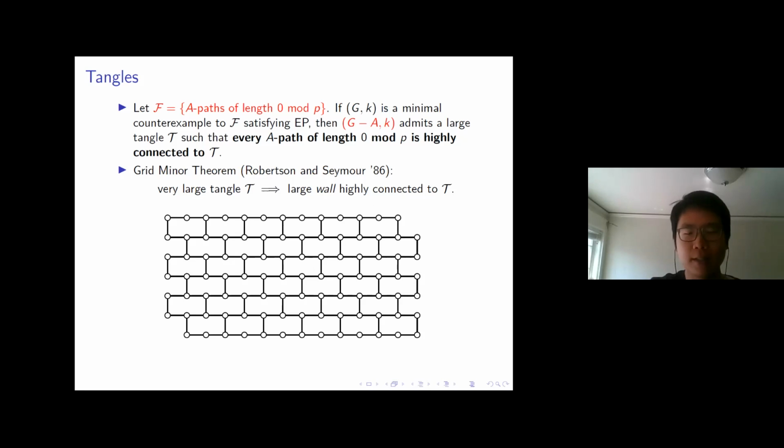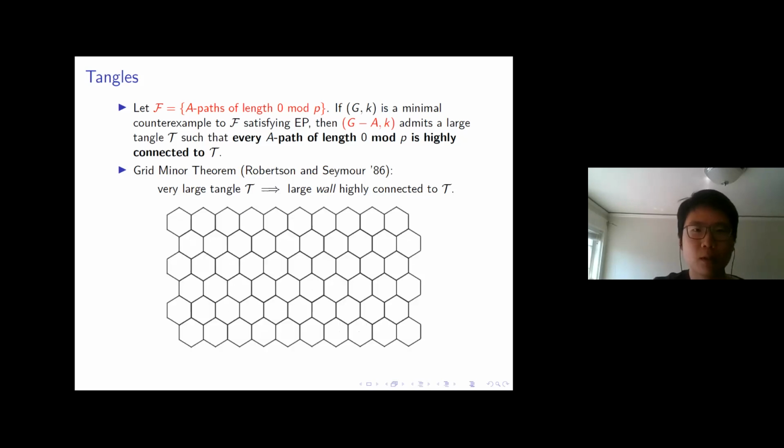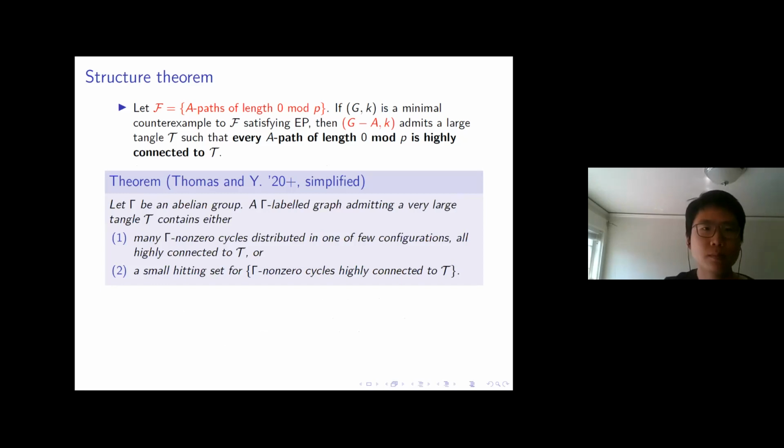So a wall is just a hexagonal grid, but we define it this way because it's easier to define, I think. So the grid minor theorem says that if you have a very large tangle, then you have a very large wall or a hexagonal grid.